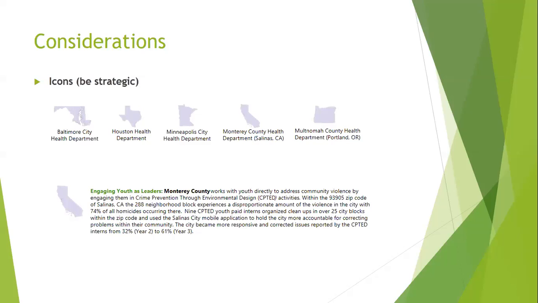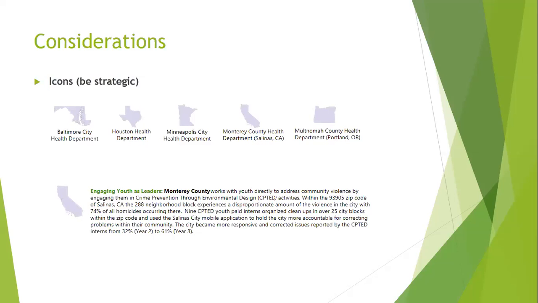Everything is rooted in where our eye goes when you look at a piece of paper. You want to call out information that's particularly important that you want people to pay attention to. And icons are a way to do that. So we want to be strategic with how we use them. This is an example, again, from the one-pagers.